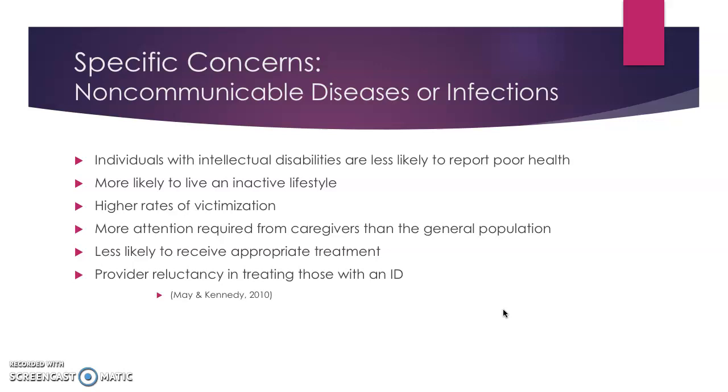For non-communicable diseases, those with an intellectual disability are less likely to report poor health. They're more likely to live an inactive lifestyle, with higher rates of victimization. That goes along with the last slide, but there's more attention required from caregivers overall than for the general population. They're less likely to receive appropriate treatment, because unfortunately providers can sometimes be reluctant in treating those with an intellectual disability.